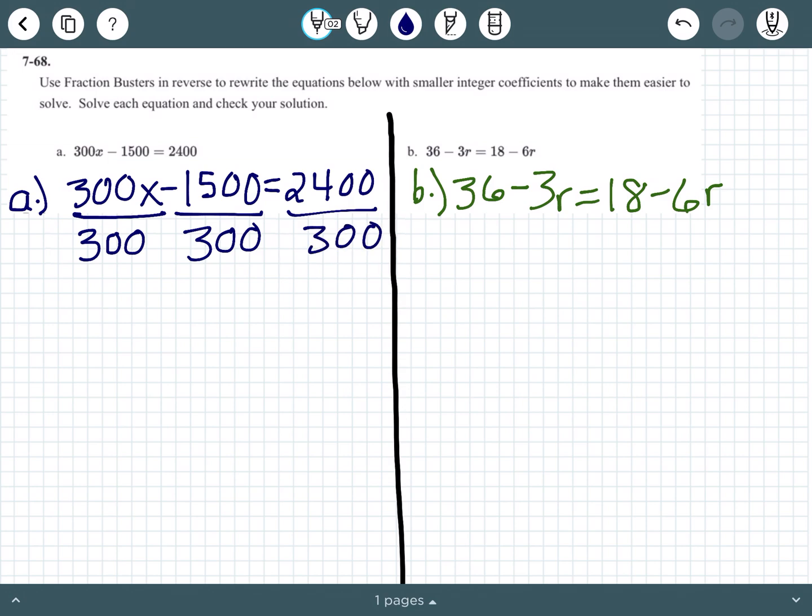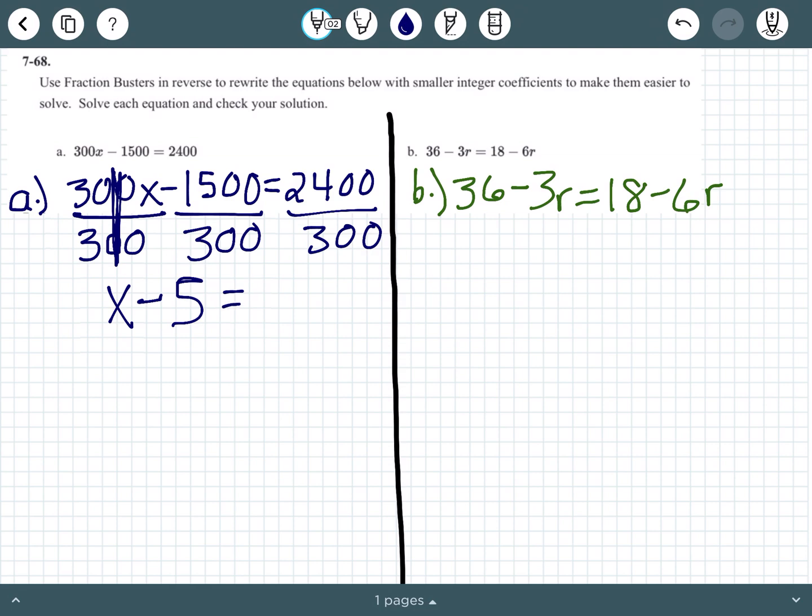So 300x divided by 300, well, I know that 300 divided by 300 gives me 1. So I'm left with a 1x, or just an x. So x minus, well, we have 1,500 divided by 300, which would give me 5.